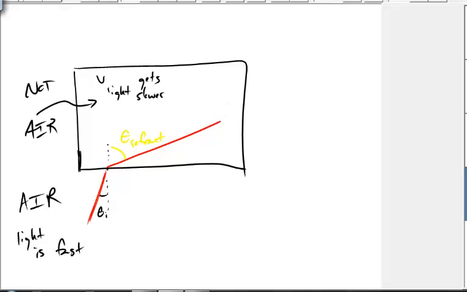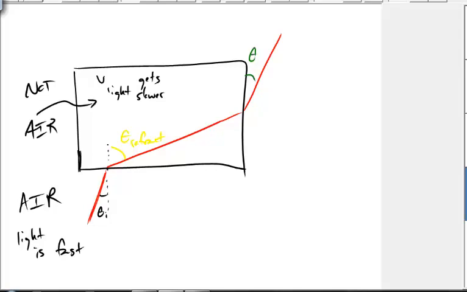So light is fast. Light gets slower inside the block. Okay, it's about to reemerge, and it has to reemerge parallel to the original beam of light because it's re-entering the same material. Now, if it were to enter water or something, then the bend would be different. But if it's going back out into the same material, this is what would happen. So this is the normal. How convenient.